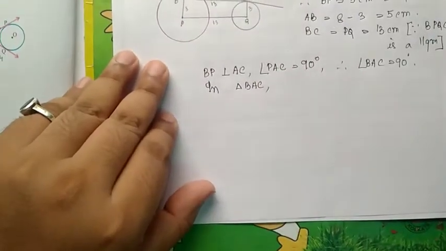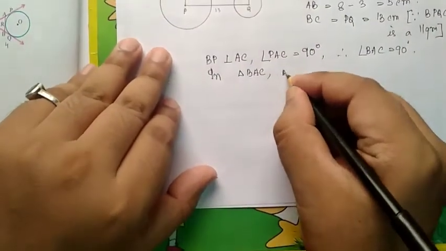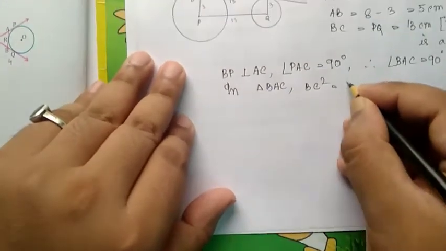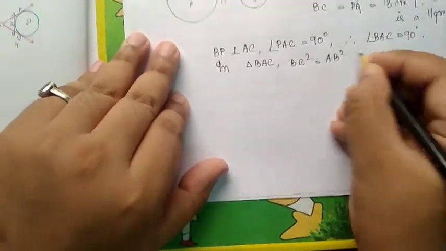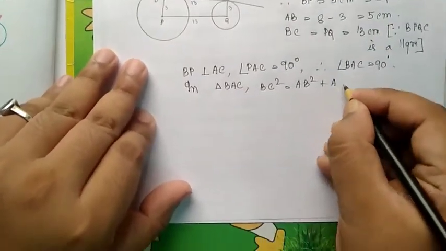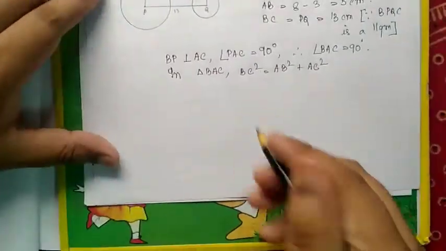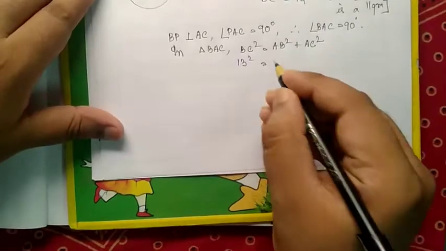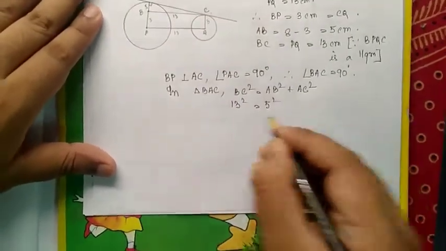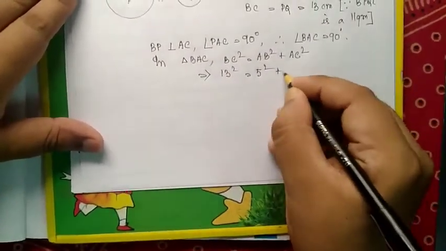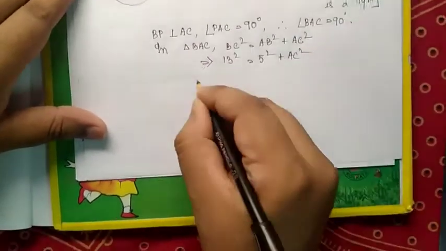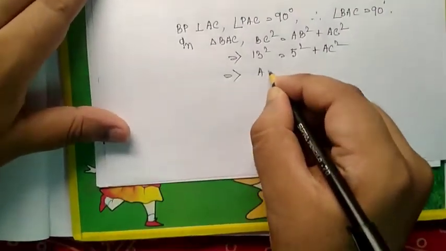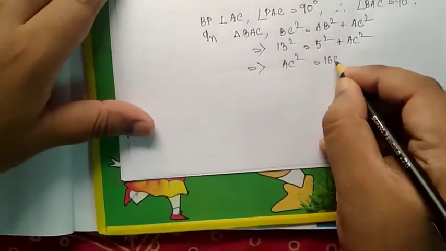So therefore we're gonna say that by Pythagoras theorem, BC square equal to AB square plus AC square. So we know the value of BC, BC is 13 square. We know the value of AB, this is 5 square plus AC square. So therefore AC square equal to 169 minus 25.